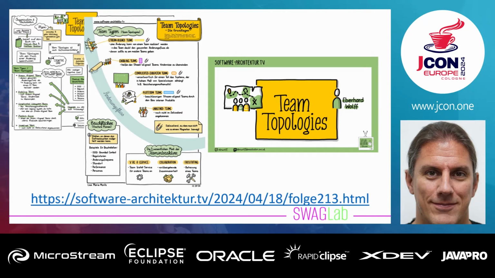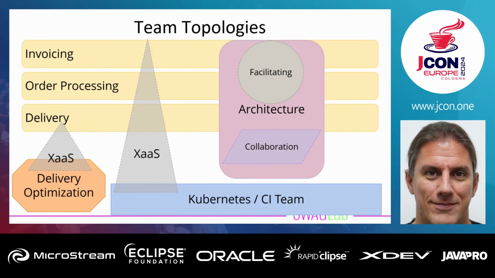Now the real question is, is it important to have business teams or specific technical teams? That's actually a very good question, and the answer is it's all about the stream-aligned teams. What team topologies quite clearly says, in my opinion, is that you should have these stream-aligned teams. In our example, this would be invoicing, order processing, and delivery, and the others are just there to help.